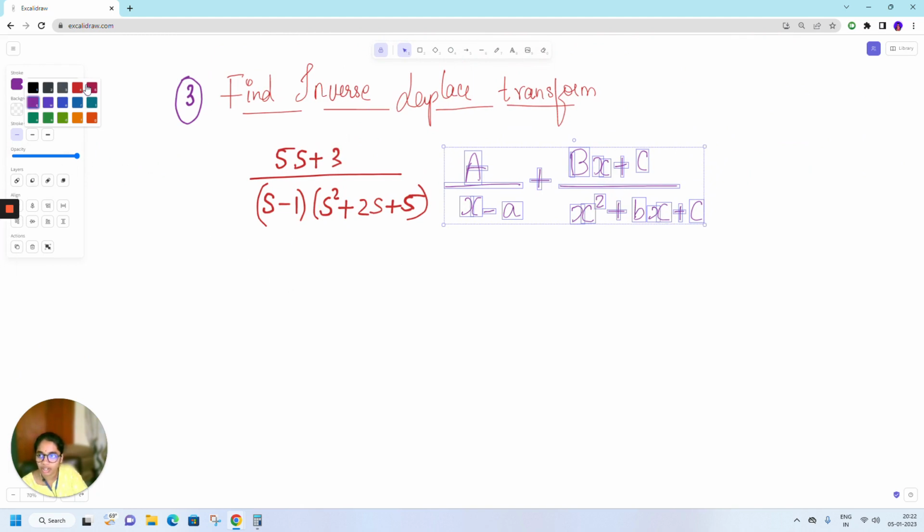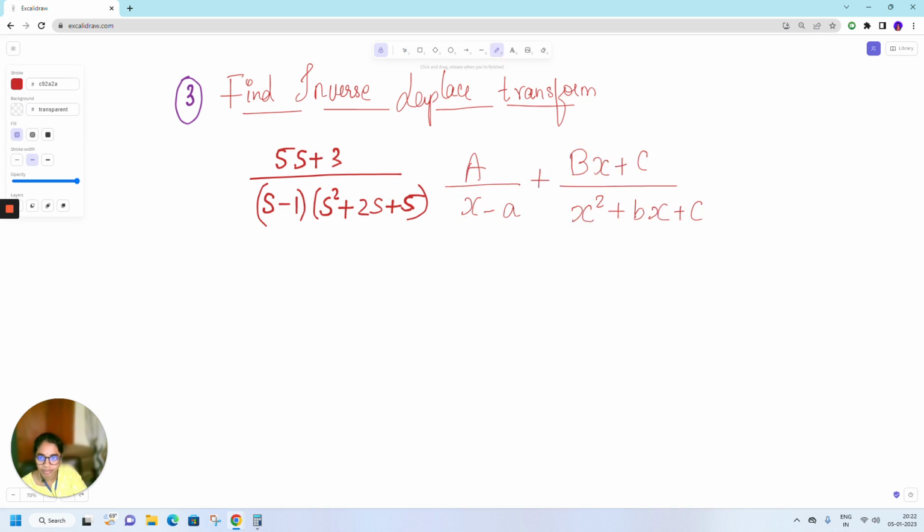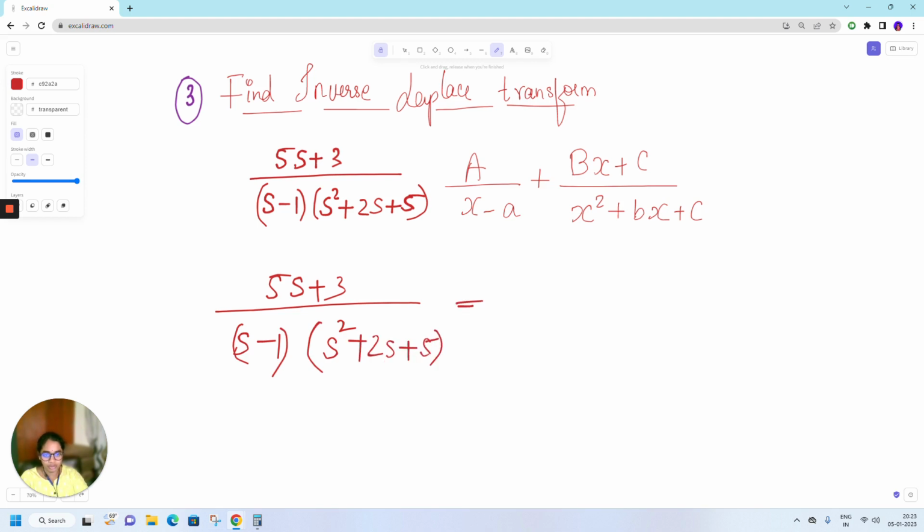Yes, so let me write down the given question itself once. That is (5s plus 3) divided by (s minus 1) into (s square plus 2s plus 5). This is equal to a divided by x minus a.